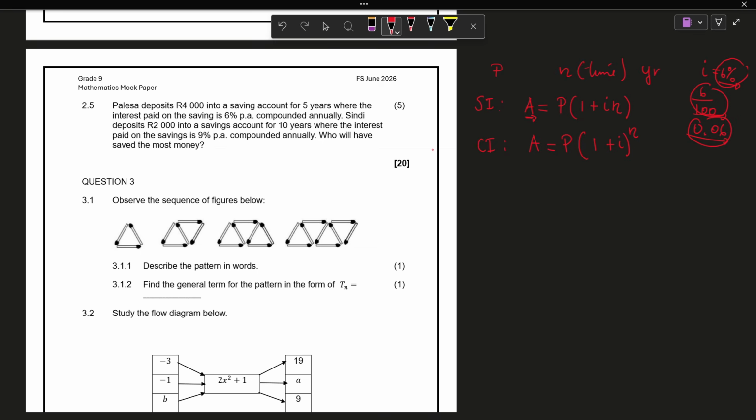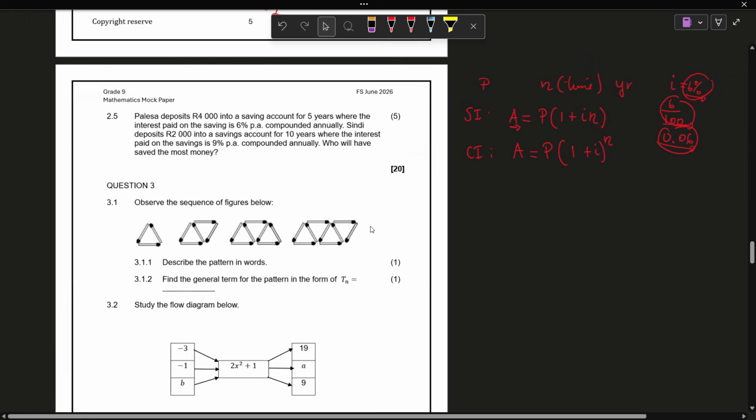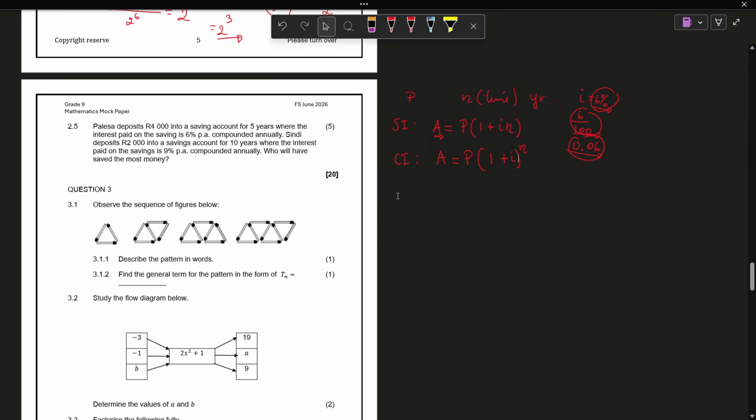So what does it say? It says Palesa deposits 4,000 in the savings. So looks like we've got two cases here. We have 4,000 that is deposited into a savings account for 5 years, where the interest is paid at 6%.